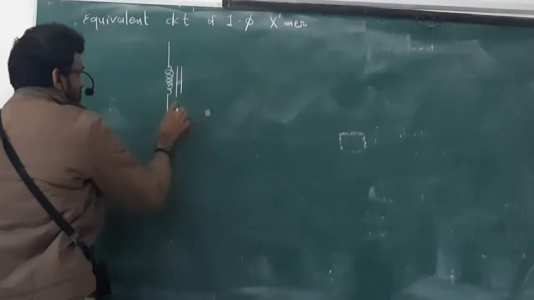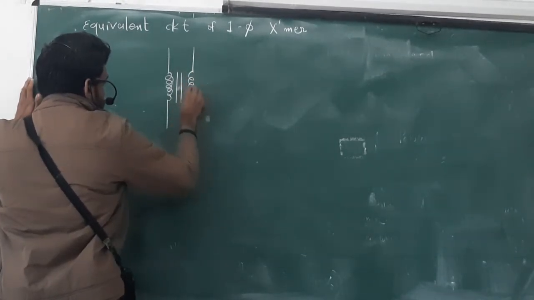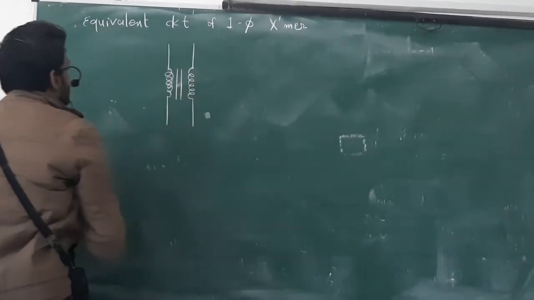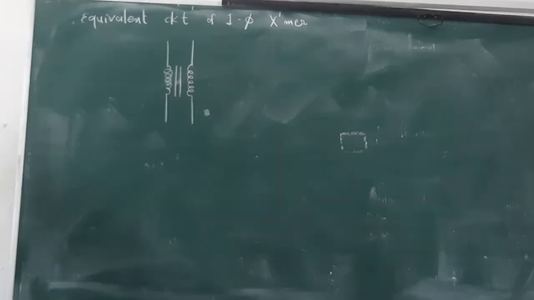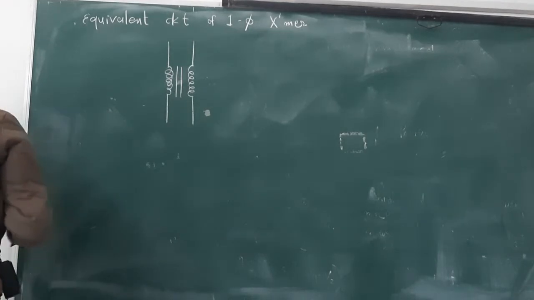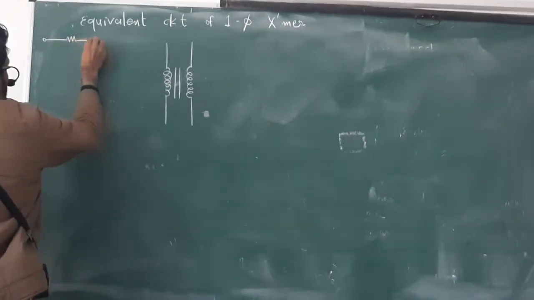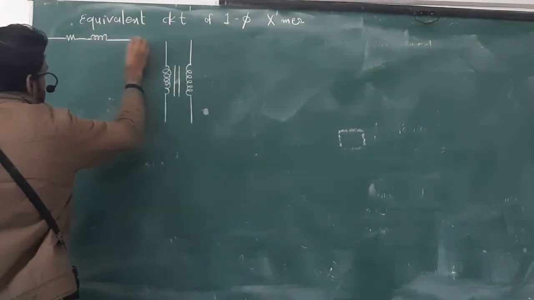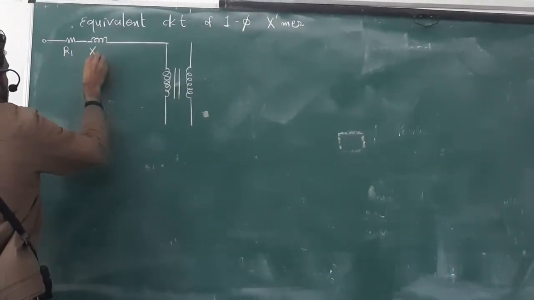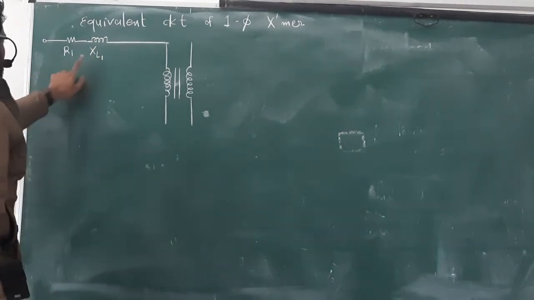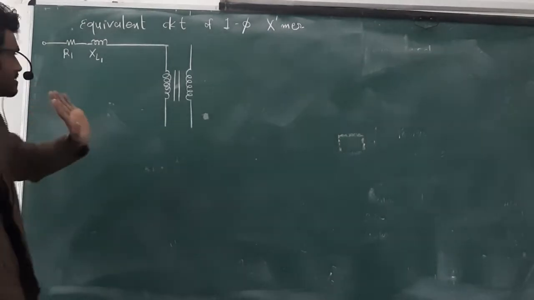This symbol represents the core, iron core. Secondary winding is there. Okay, then there will be resistance R1 and inductance of the winding. This resistance and inductance for this point, we just represent it separately.